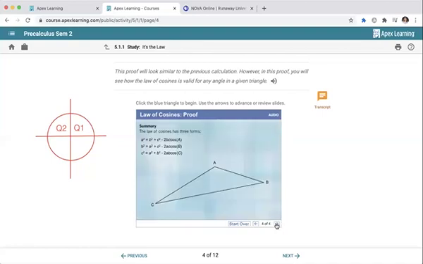What this tells us is that depending on what we choose and what we're looking for, we can modify our law of cosines into one of these 3 forms.